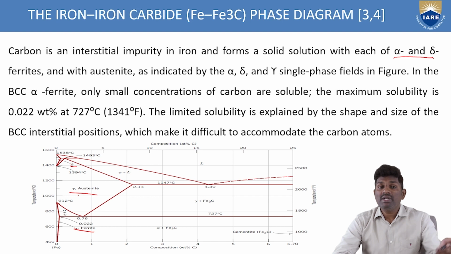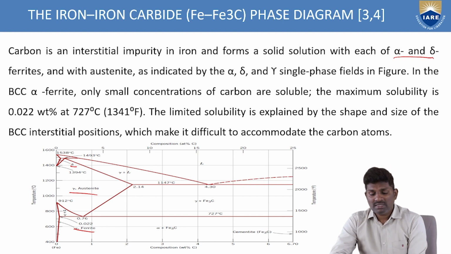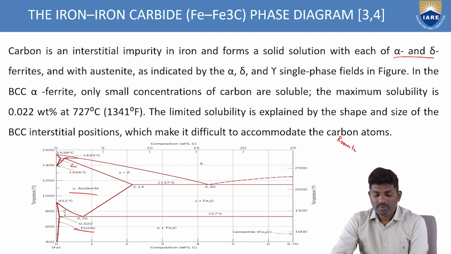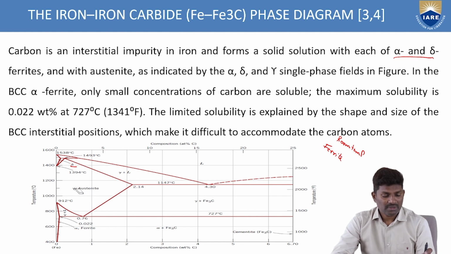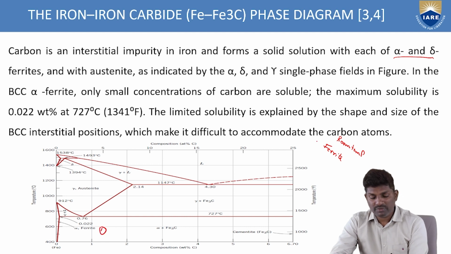How is it converting from one to another? Initially we have seen that at room temperature, the iron has ferrite. That is the first one you are seeing here. At room temperature, ferrite here, 1, and 2 is austenite.